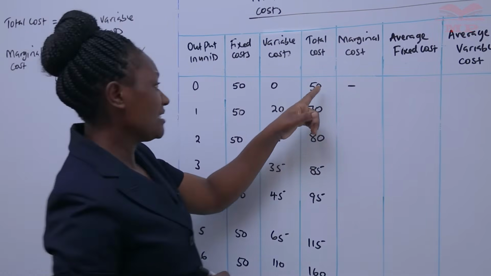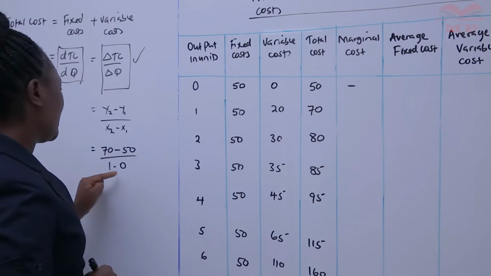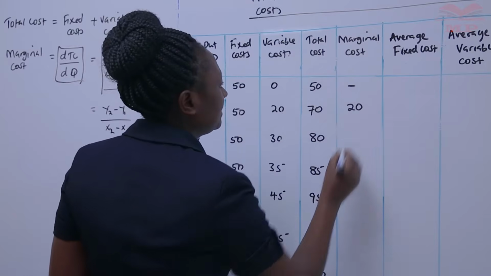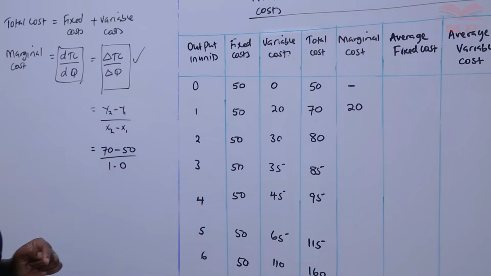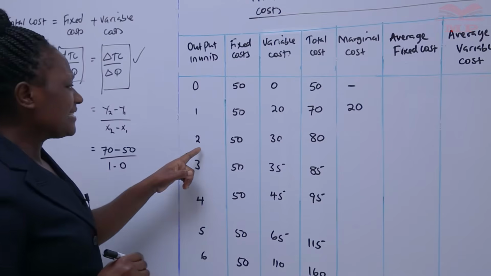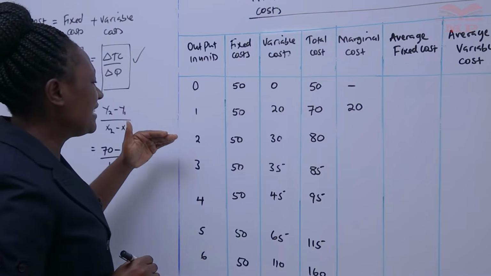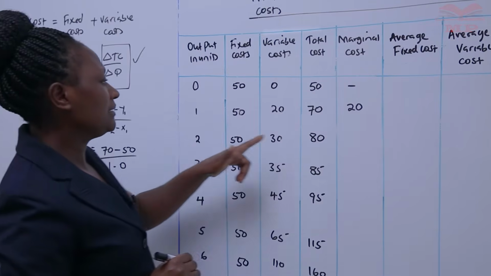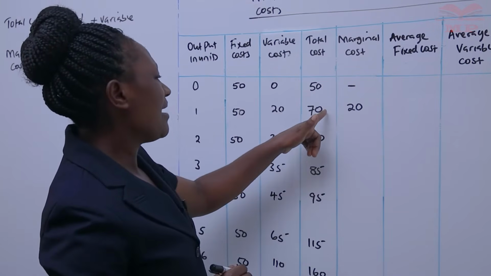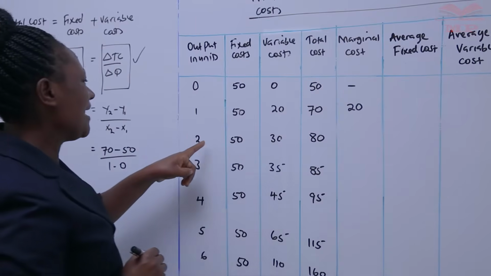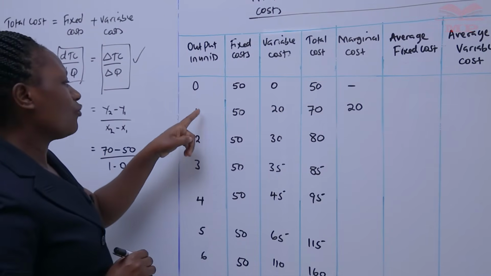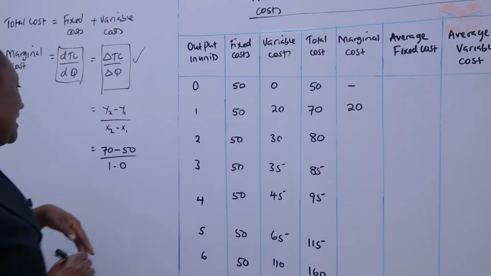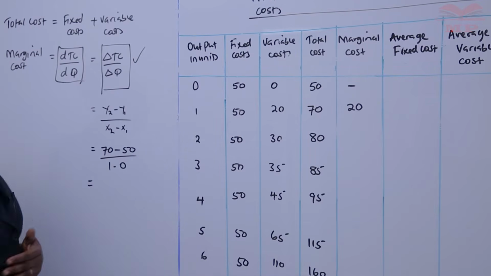So 70 minus 50 divided by 1 minus 0, which is just 1, we'll get 20. And that's our marginal cost. Then in the next, we have again increased the output by 1. So what will be the marginal cost? It is now 80 minus 70 divided by 2 minus 1. Because we are increasing the level of output by 1, we will simply be dividing by 1.